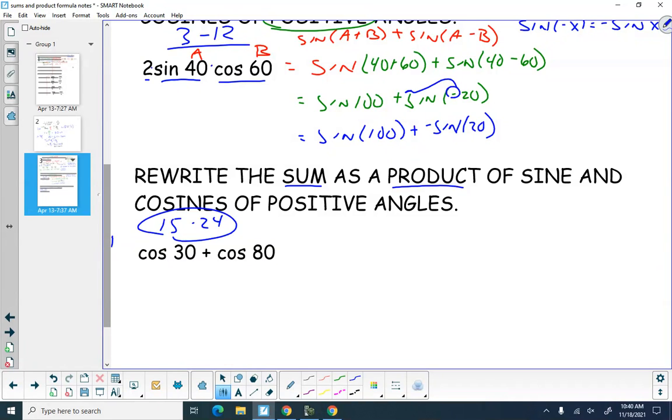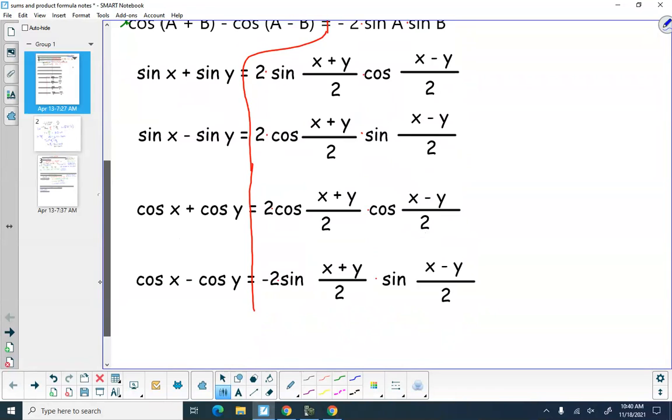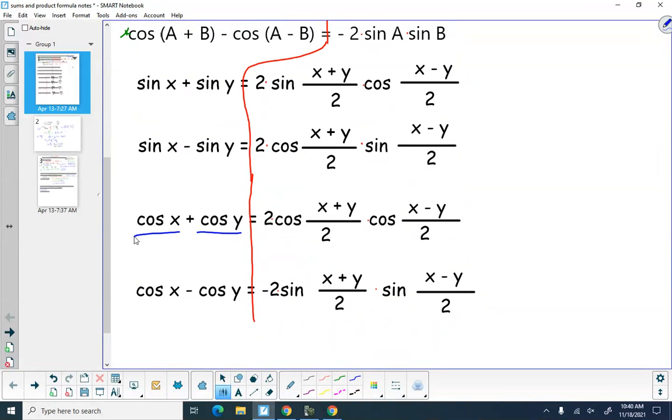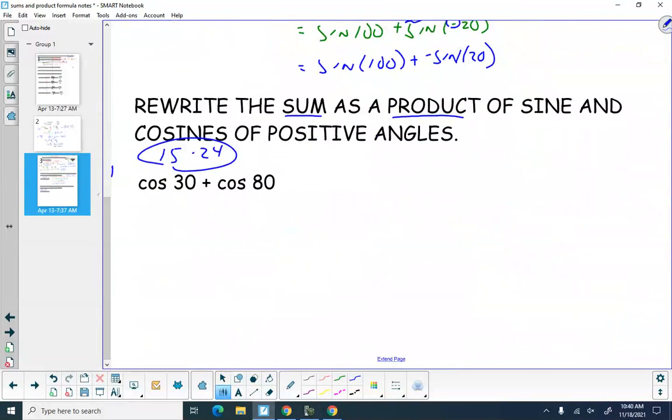Second from the bottom. Cosine x plus cosine y. So here's your x and here's your y.